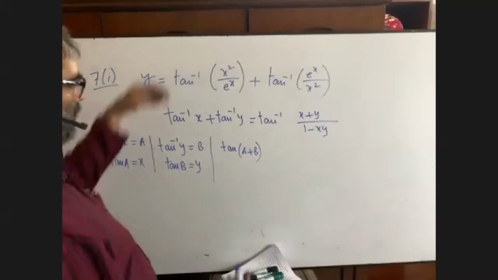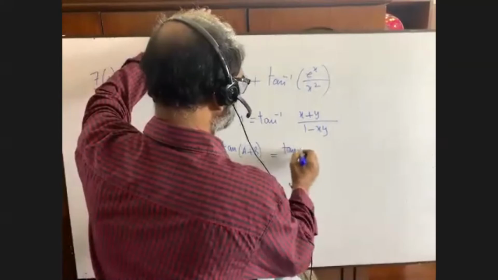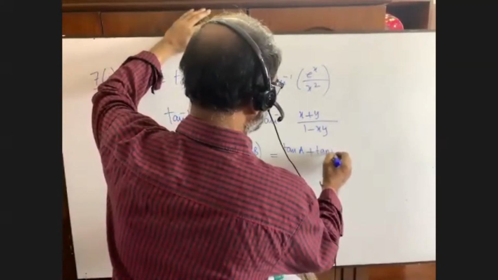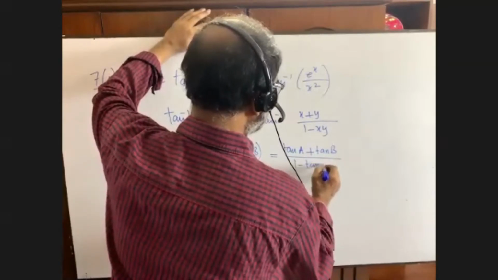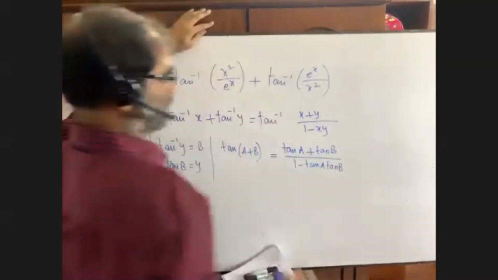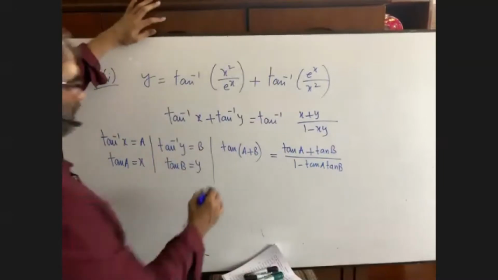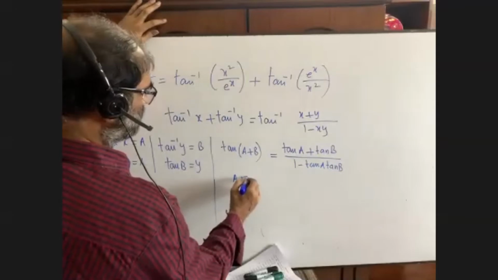Sir, tan A plus tan B divided by 1 minus tan A tan B. Tan a plus tan b divided by 1 minus tan a tan b. I think all of you know it, right? Can you please write down a plus b from here?